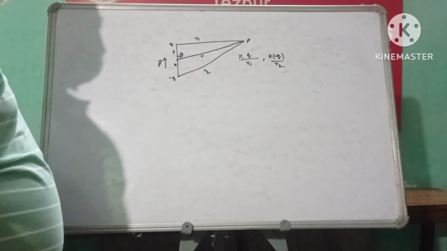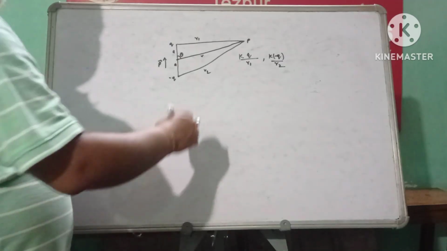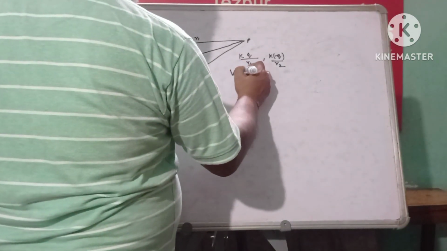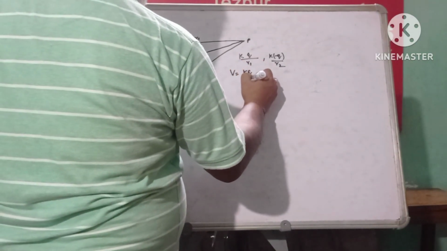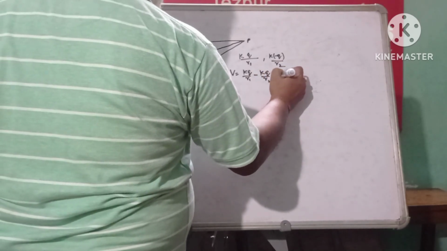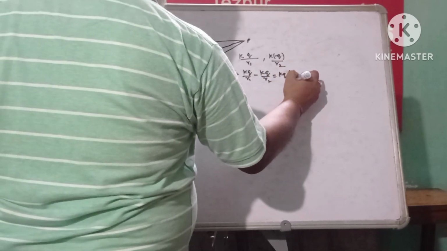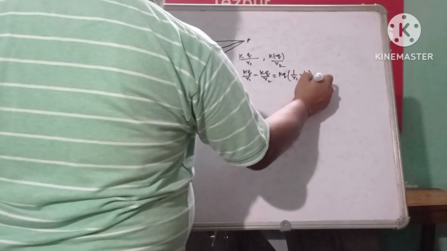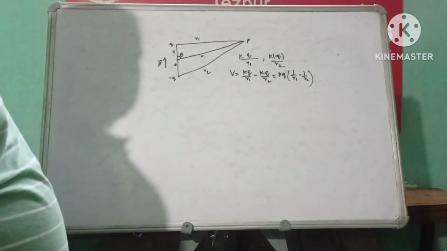So what will be your total potential at P? It will be KQ/R1 minus KQ/R2, that is KQ(1/R1 minus 1/R2). This is the main first step you have to do.